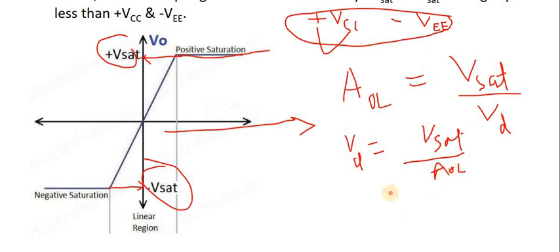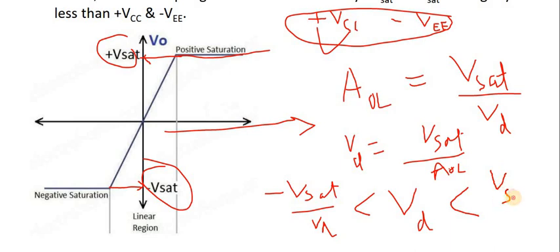So I can write the input voltage range as minus Vsat by AOL to plus Vsat by AOL. This range I can apply at the input of the op-amp.